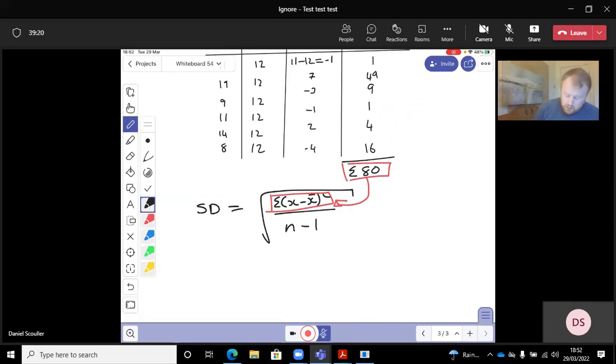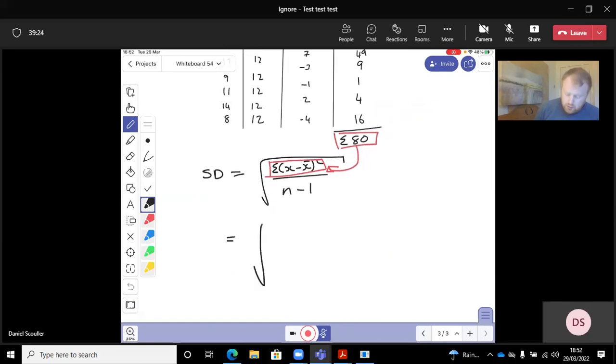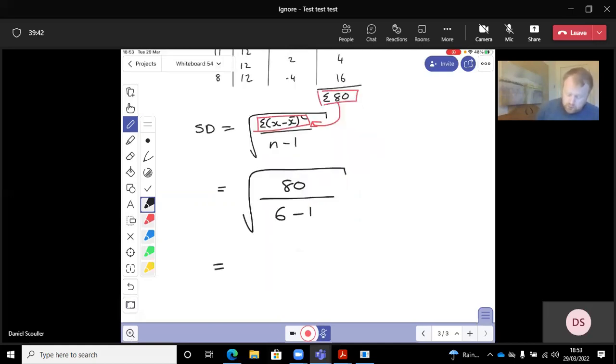So the equation becomes root of 80 over n, which is the number of numbers, which was 6, minus 1. Don't ask me why minus 1. So root of 80 over 5.